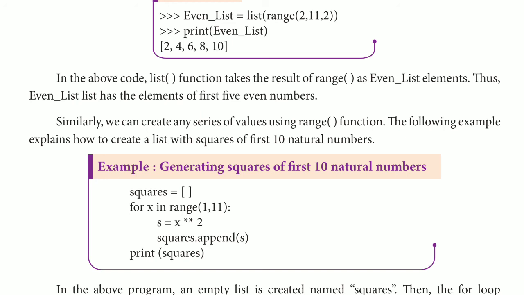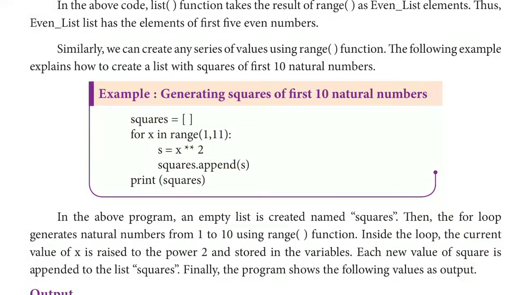Append is a function that will add the element at the end of the list. After finishing the entire loop, which executes 10 times, the square will be printed.